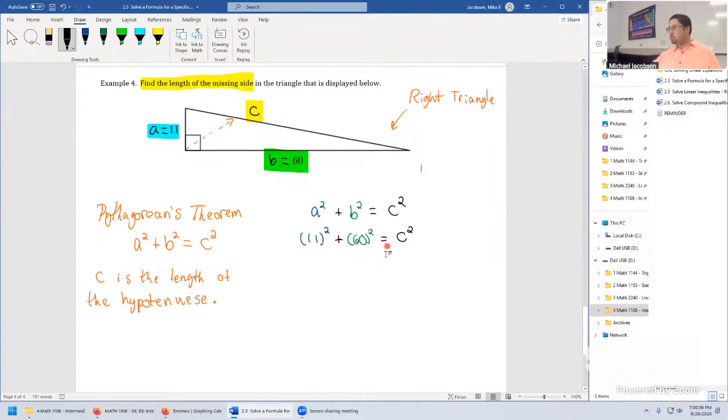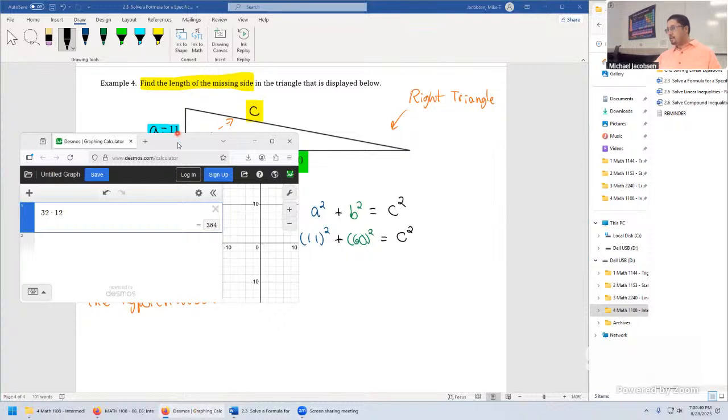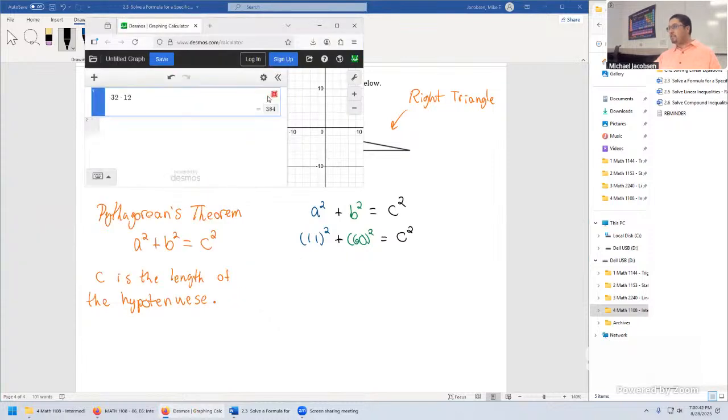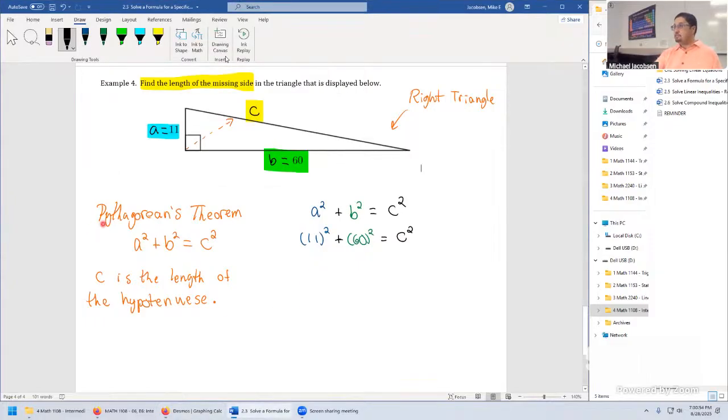So next thing to do, just work these out on the calculator. Let me know if you have any difficulties doing these on the calculator, and I'm happy to give a little bit more guidance on this next step. We want to write out 11 to the power 2. 11 squared comes out as 121. So 121 on this one. Plus, compute 60 squared.